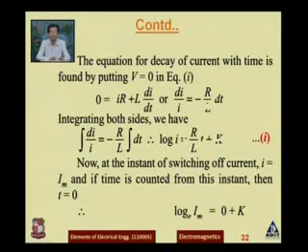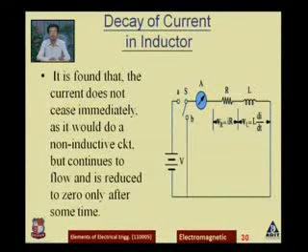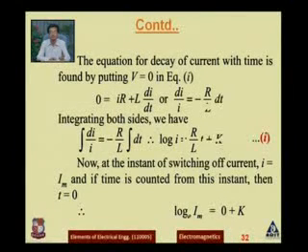Now at the instant of switching off, the current will be maximum. Let us see the circuit again. When the switch is in the B position, it gets short circuited, but at that time the current will be maximum, right?